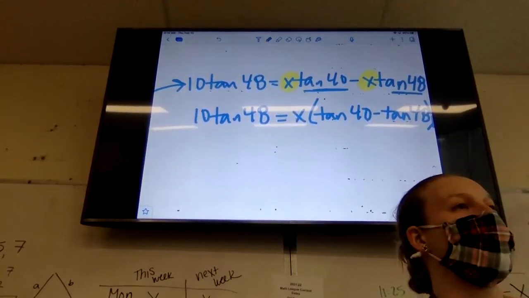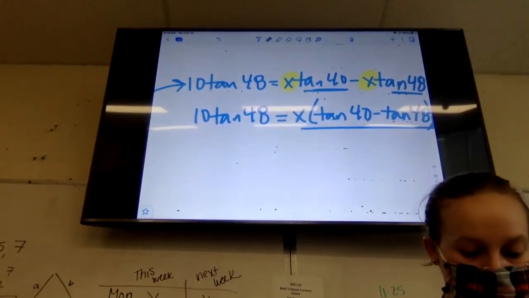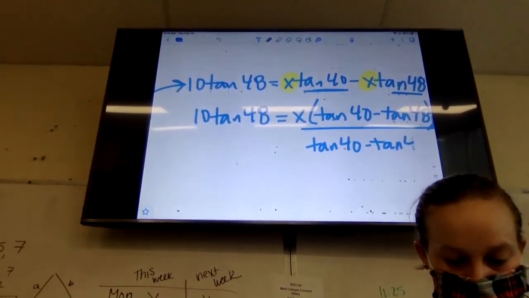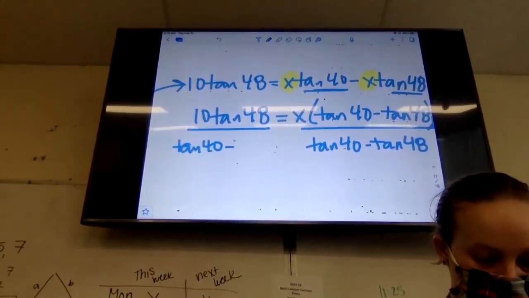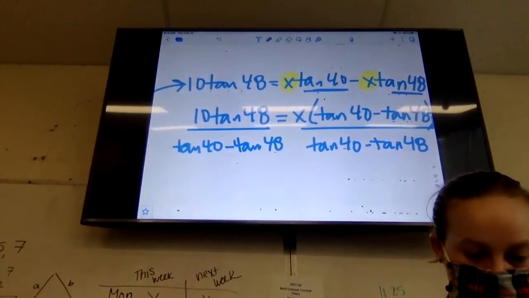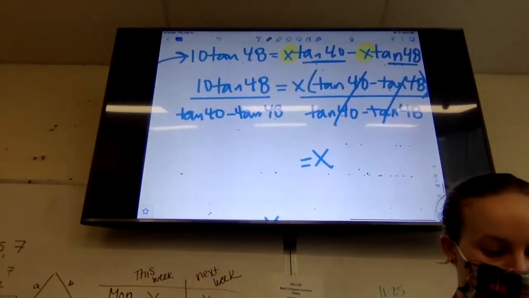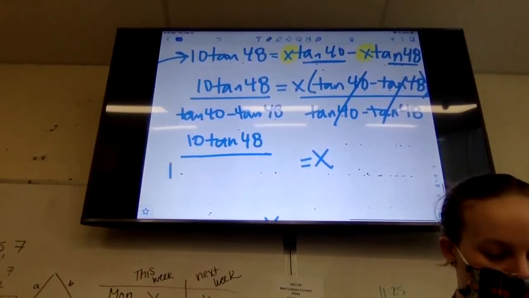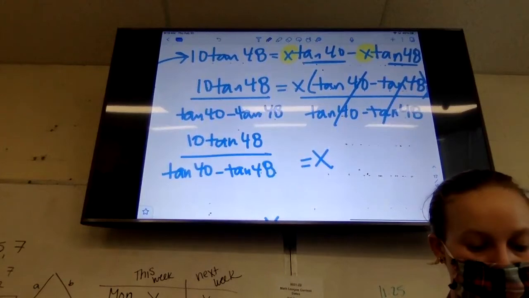How can I get x all by itself? Divide. Divide that ugly tan 40 minus tan 48. And so x equals whatever 10 times tan of 48 divided by tan 40 minus tan 48 is.